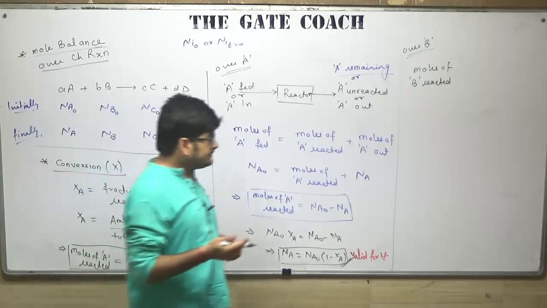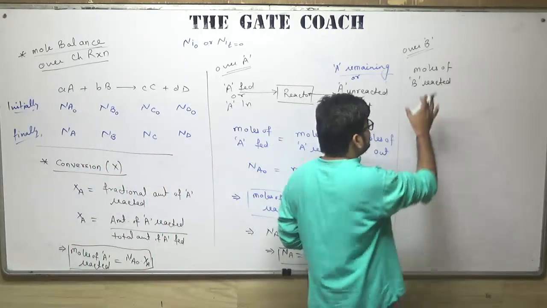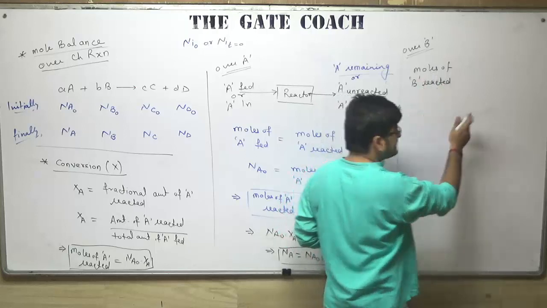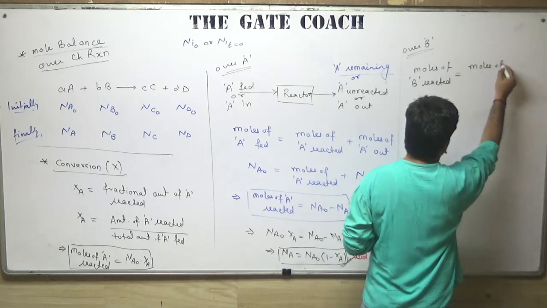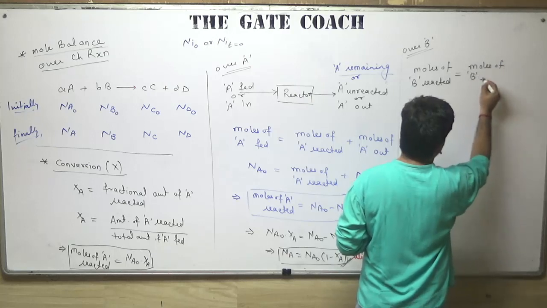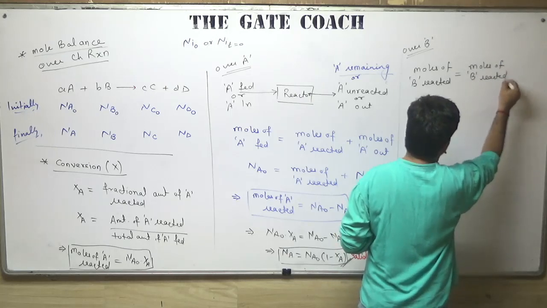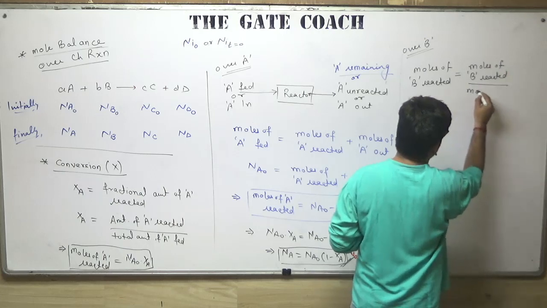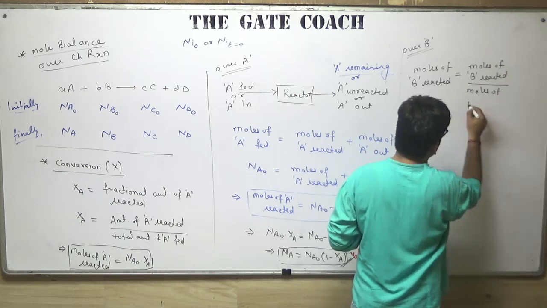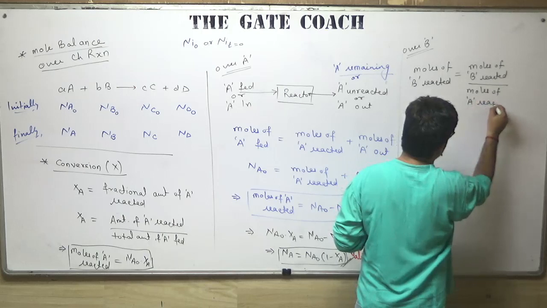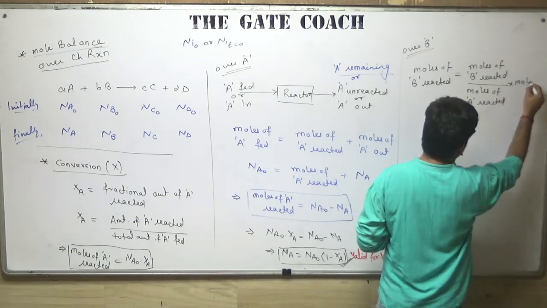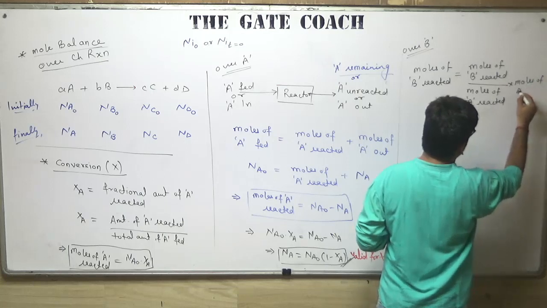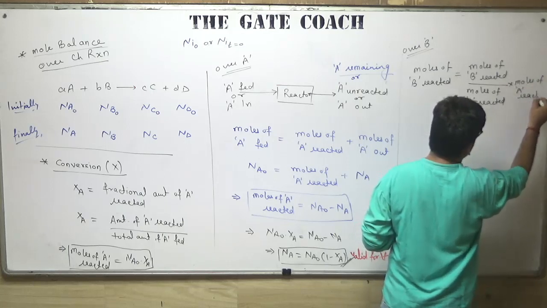So tell me, can I write moles of B reacted as moles of B reacted divided by moles of A reacted into moles of A reacted?